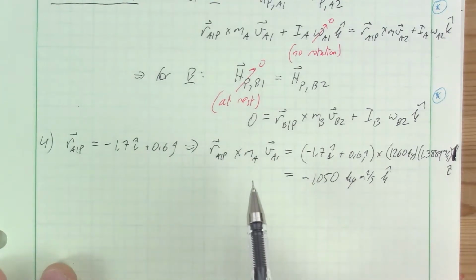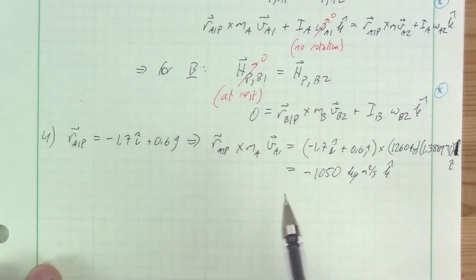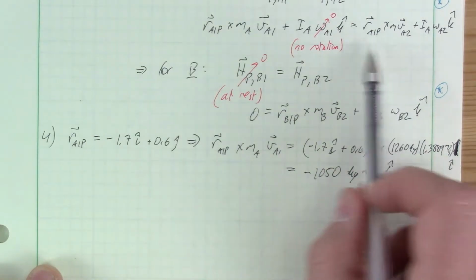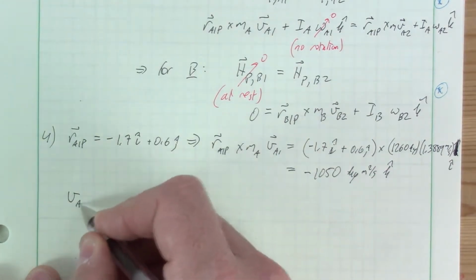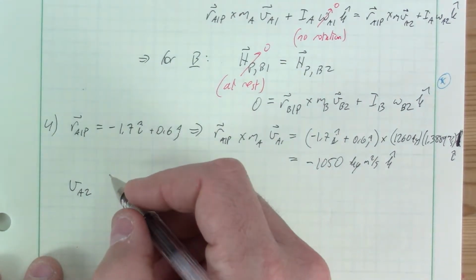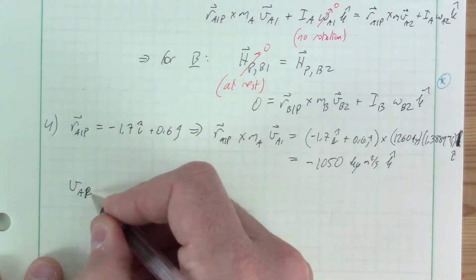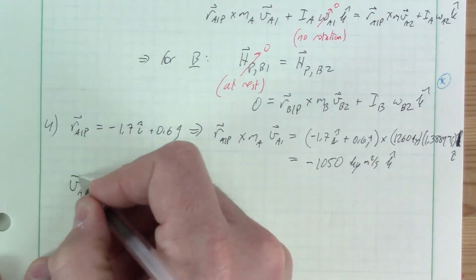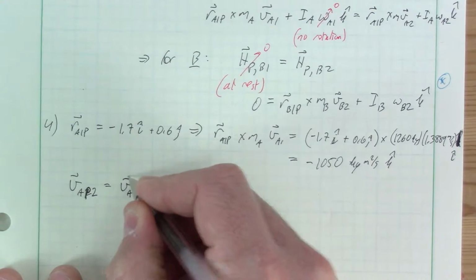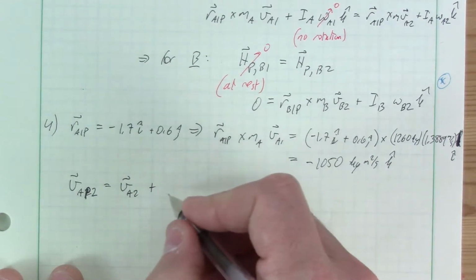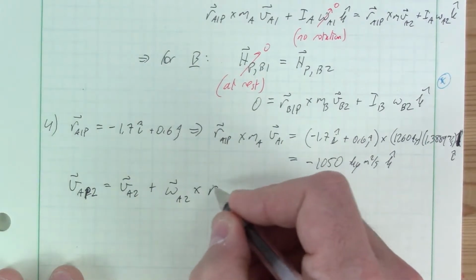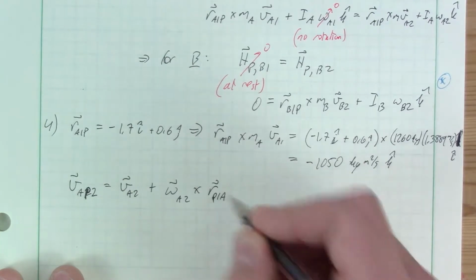Okay, so that's good. Now we have something to plug into here, and we can use the knowledge of what happened here to give us that relationship too, right? So the velocity at P of 2, this is our kinematic analysis here. The velocity at P for 2, we'll use our knowledge of the velocity at A, or at least the relationship, plus the rotational motion, the rotation of A after the collision, and then the relative position.